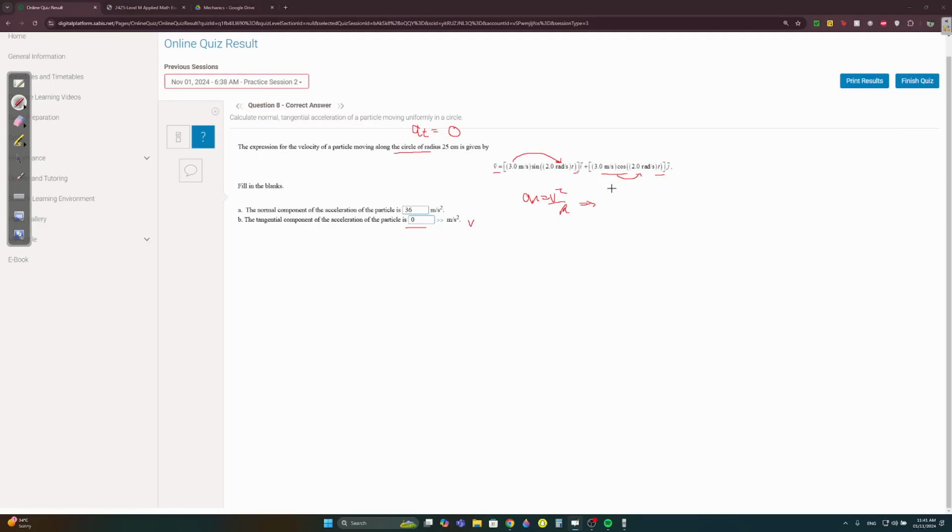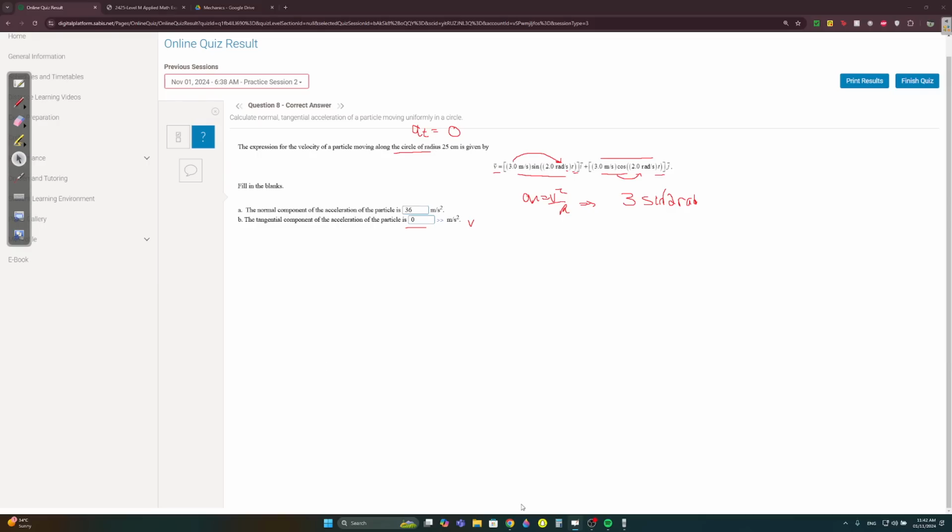I think I was saying normal acceleration is v squared over r. The velocity is 3 sine 2 rad and 3 cosine 2 rad. I think the seconds cancels with the time. That's why you don't multiply.